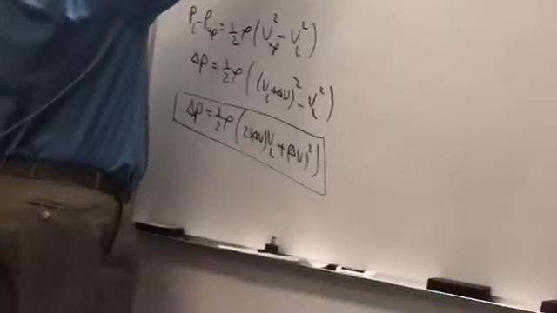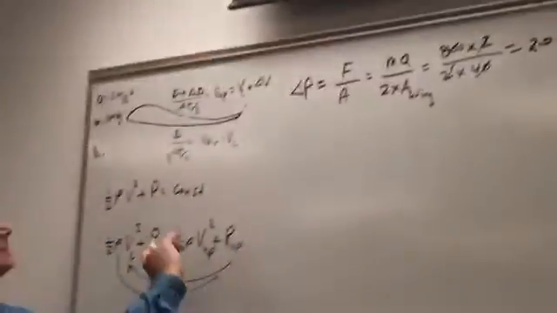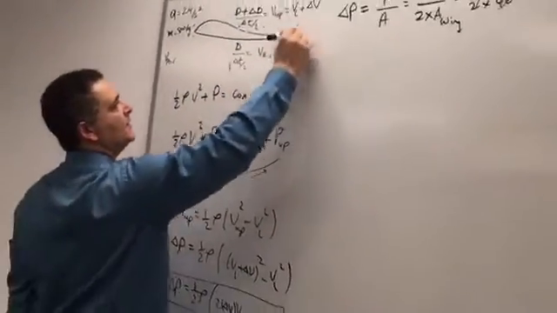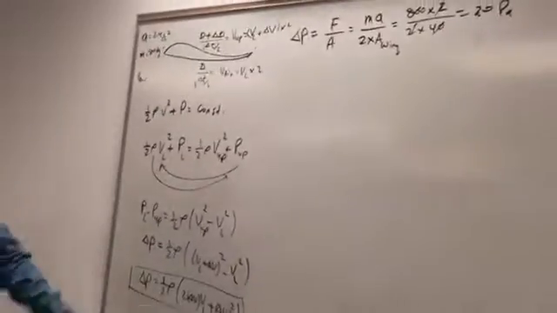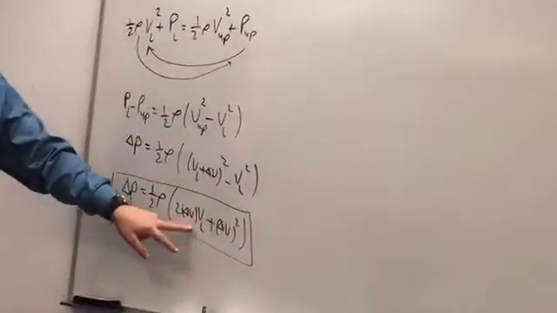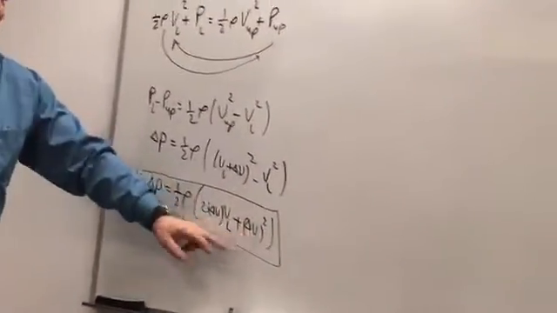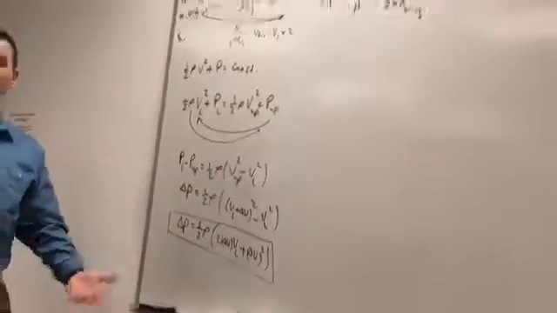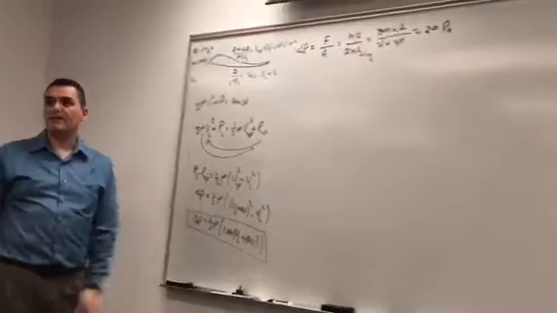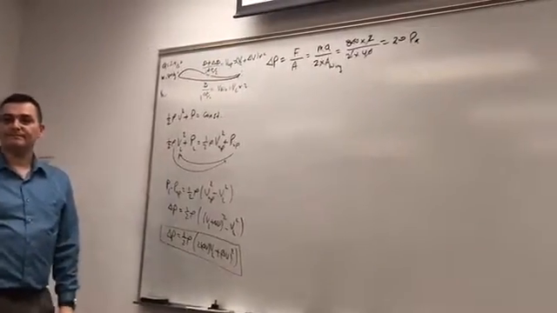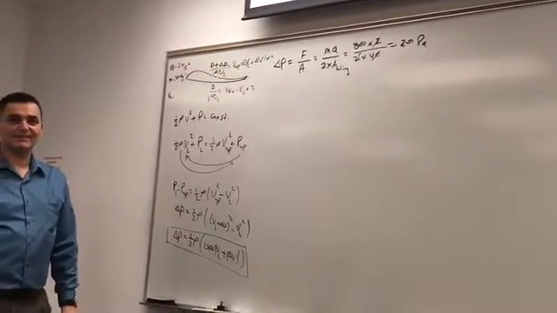That means my delta T is half as big, but half as big flips it up, so this is times 2, and this is times 2, right? 2 times 2 is 4, and 2 squared is 4. So my pressure difference is 4 times as big, and then my lift is going to be 4 times. You got that? Yeah.